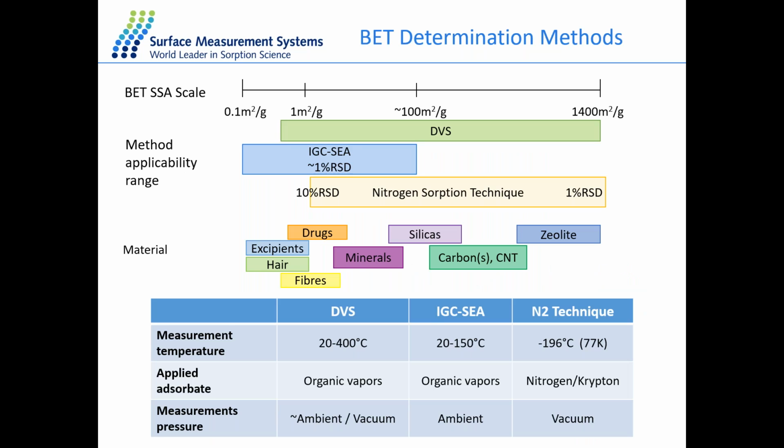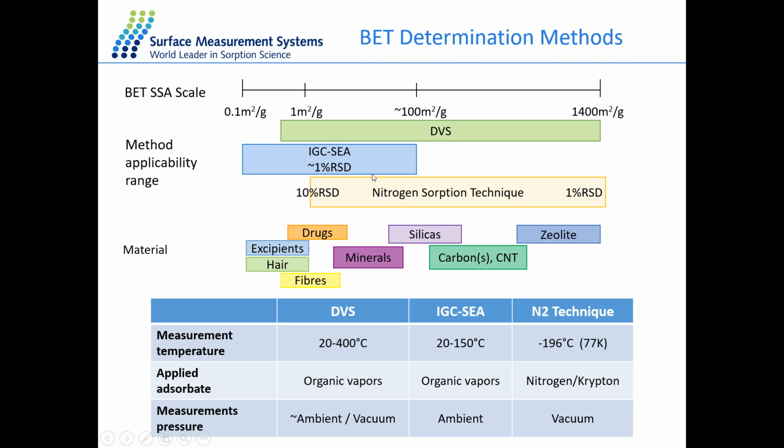So we have different methods for the BET determination. The most common method, the volumetric method with nitrogen sorption, is really good and reproducible for some porous material like silica, zeolite, or active carbon, which has a surface area above maybe 1,000 square meters per gram.